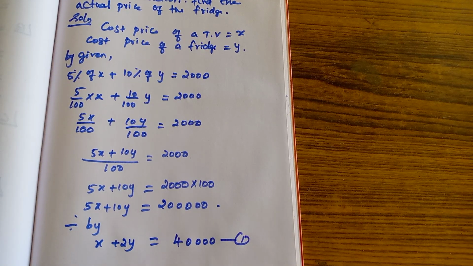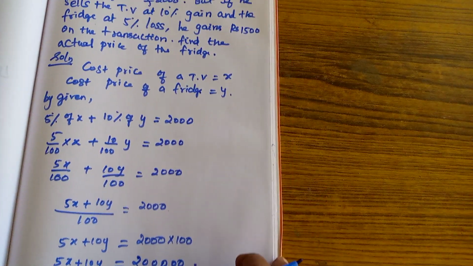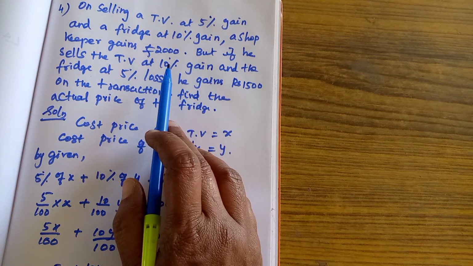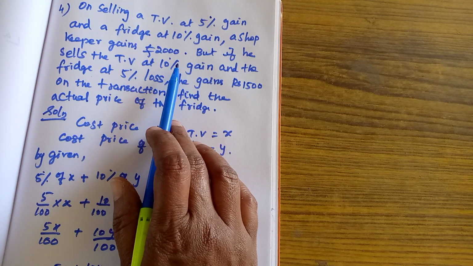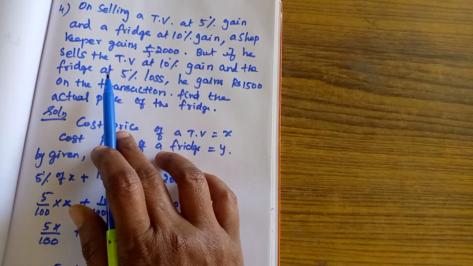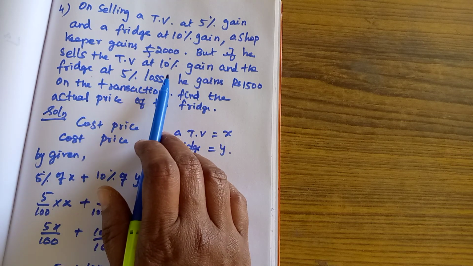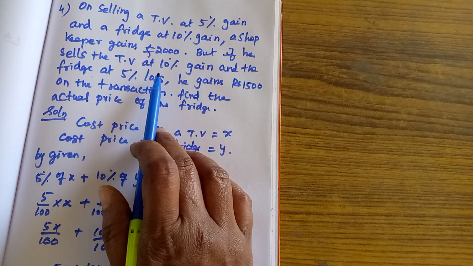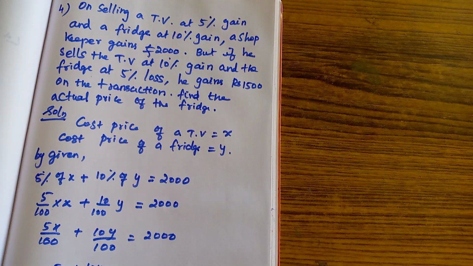Next condition, what is given? If he sells the TV at 10% gain and the fridge at 5% loss. Loss means we have to subtract. Same as the first condition, only in place of plus we have to give minus.